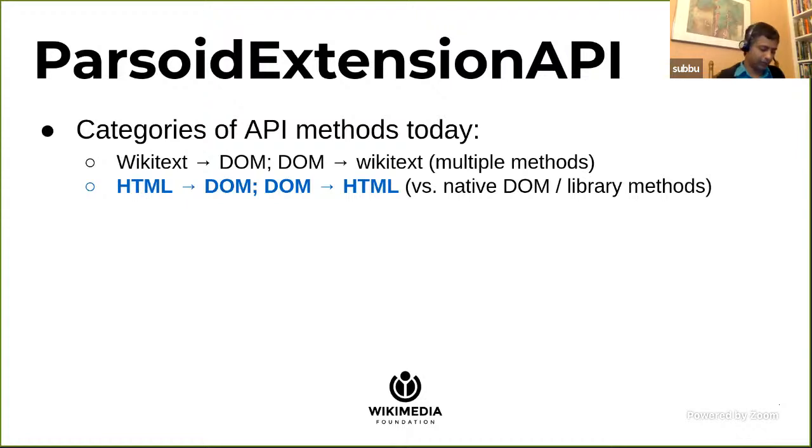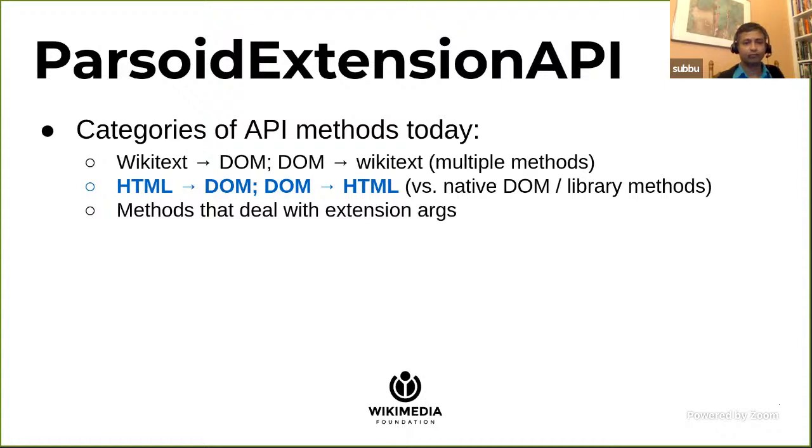The reason we provide these API methods is because Parsoid maintains the DOM in a particular canonical form, and we strongly encourage you to use these methods because these methods are aware of the canonical representation and make sure everything works properly. And in case you use native methods, there might be occasions for subtle bugs down the line. So that's the reason we've provided these HTML to DOM and DOM to HTML methods. And we encourage that you use these methods in all your extensions.